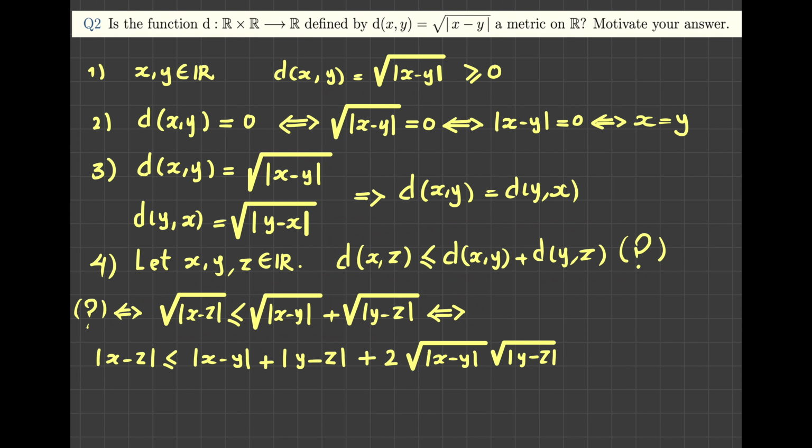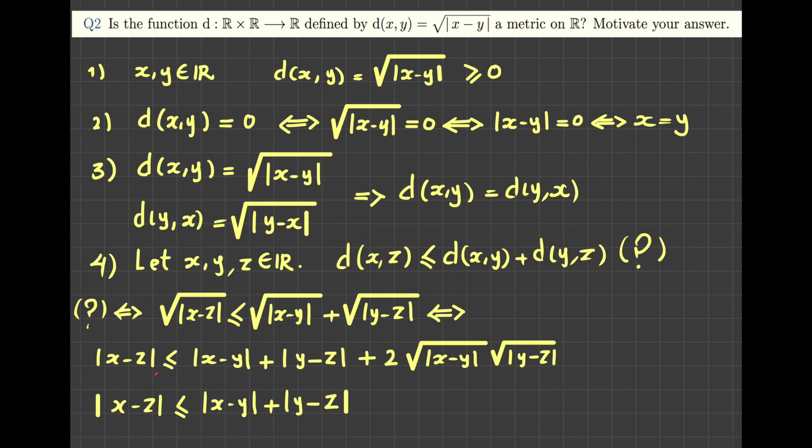Why is that? Because in the lectures I showed that the absolute value of x minus z is less than or equal to the absolute value of x minus y plus the absolute value of y minus z. By the way, that was the proof that the Euclidean metric, the usual metric on R, is a metric. So we proved this inequality is true.